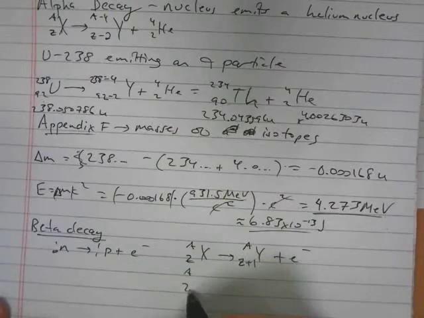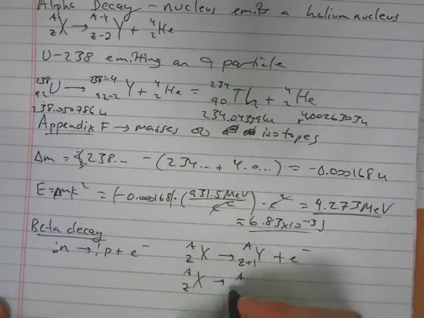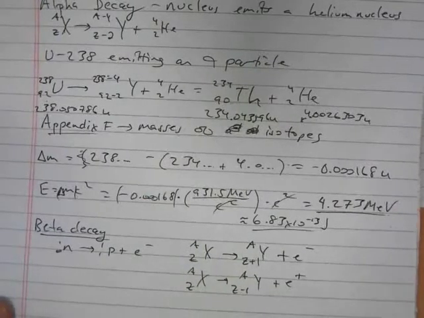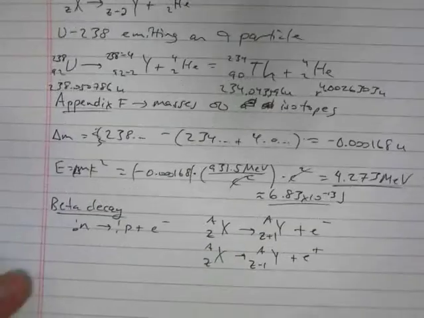We could also have a positron and an antiproton being created, in which case we're losing a proton and getting a positron, but the amount of mass converted to energy is still the same.